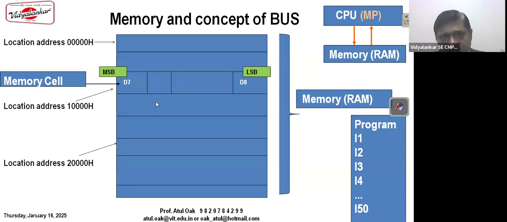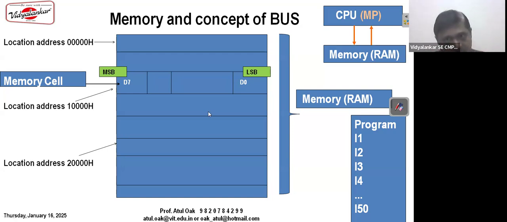The second requirement is, do you want to read this byte or write a new byte? That is called control, read, write. That you carry on control bus. Control bus carries timing and control signals.